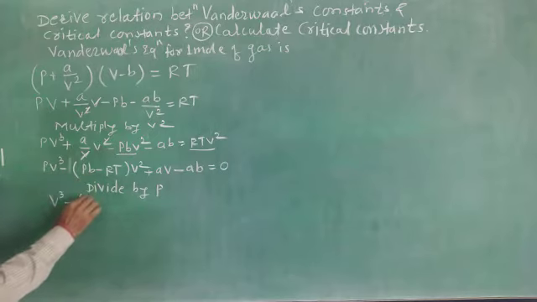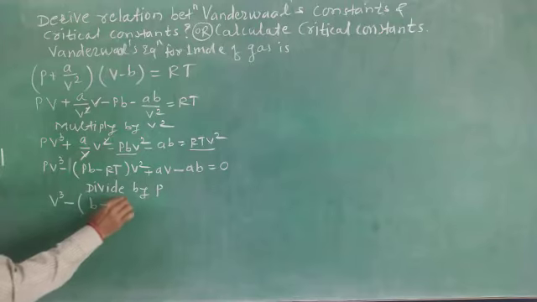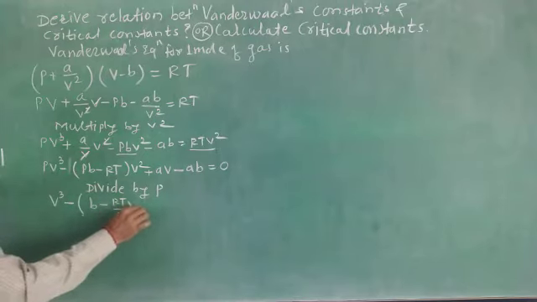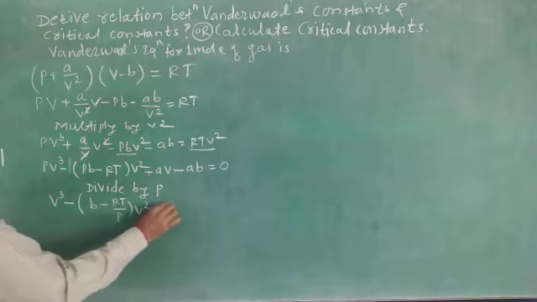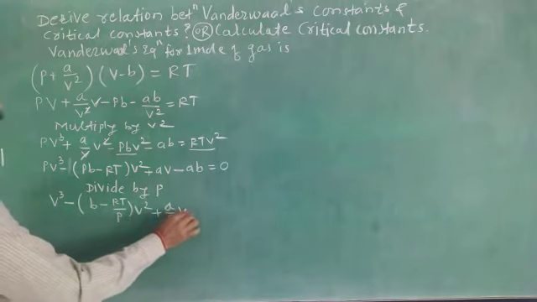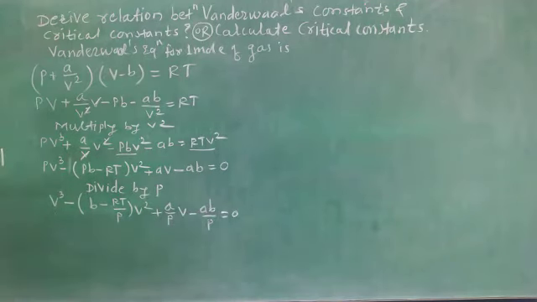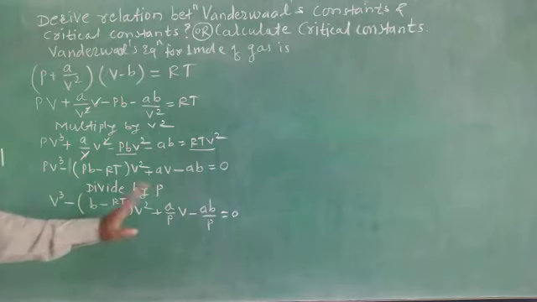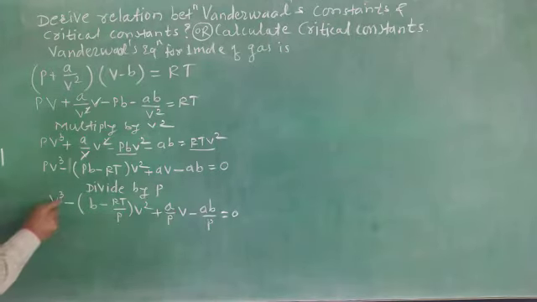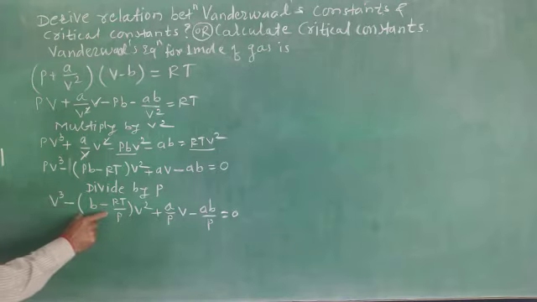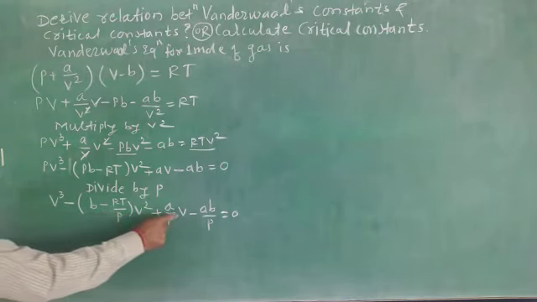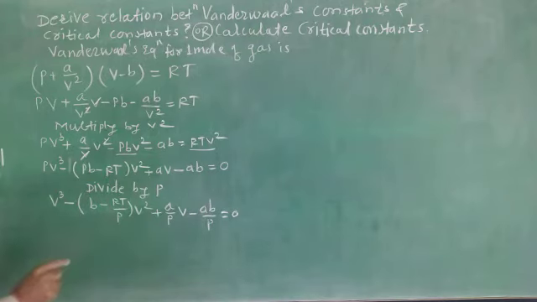Pb upon P will be b, minus RT upon P into V square remains as it is, plus a upon P into V, minus ab upon P. After dividing throughout by P, the equation becomes in this way. This equation is in the form of a cubic equation, AX cube minus BX square plus CX minus D, just like our quadratic equation.